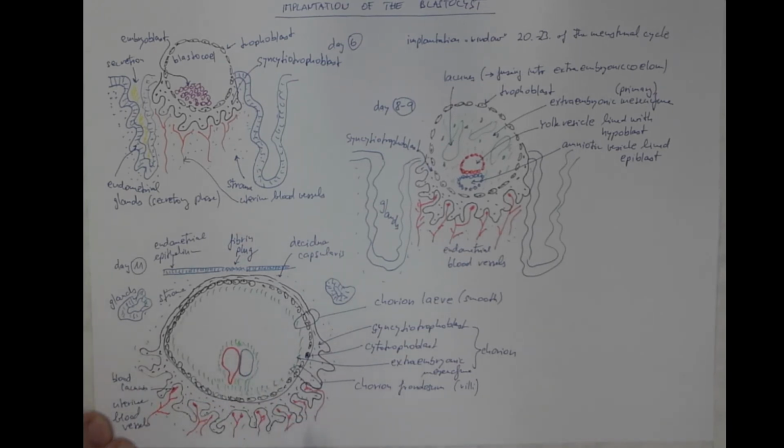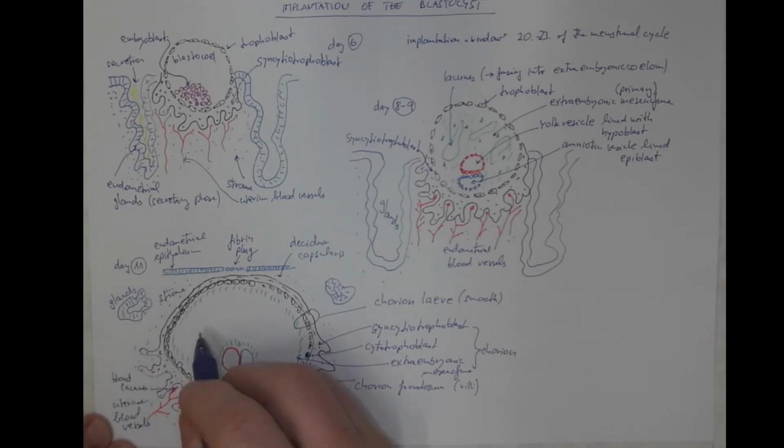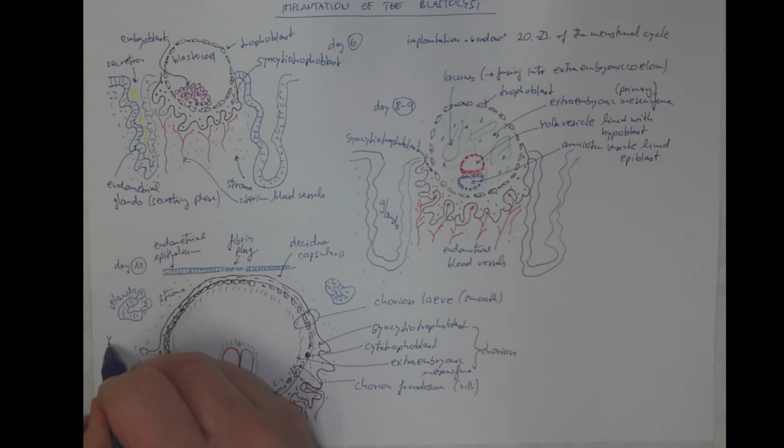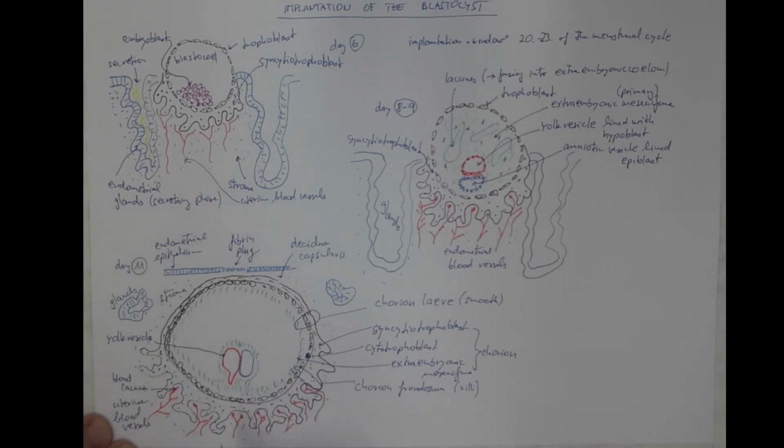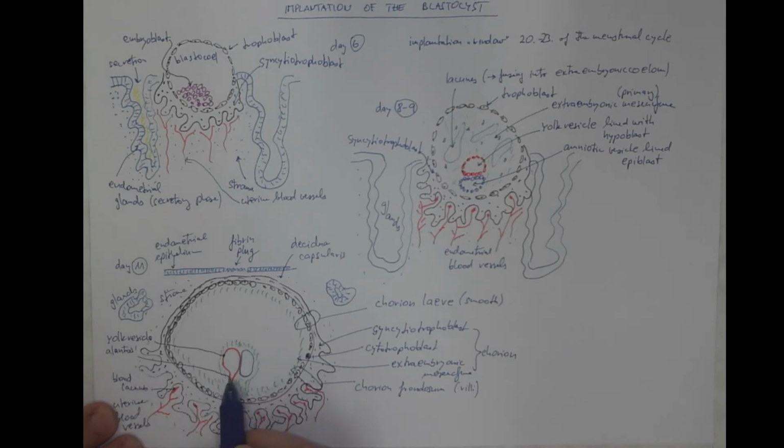And the two vesicles, the yolk vesicle with this finger-like protrusion called allantois, and this vesicle, which is the amniotic.